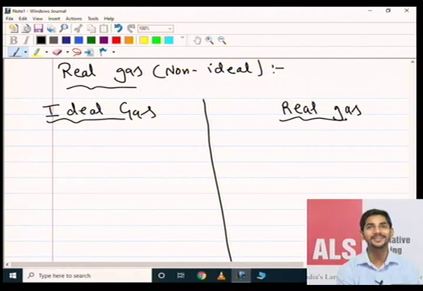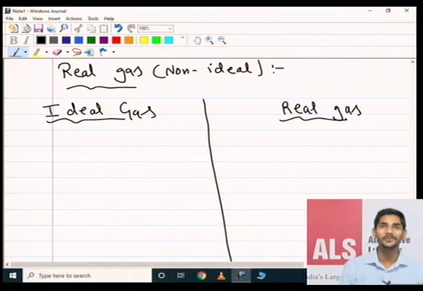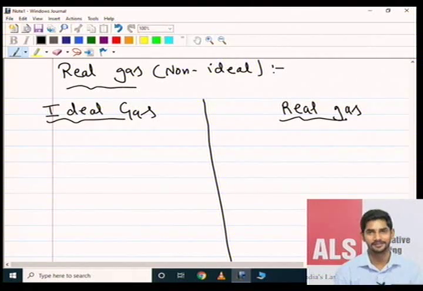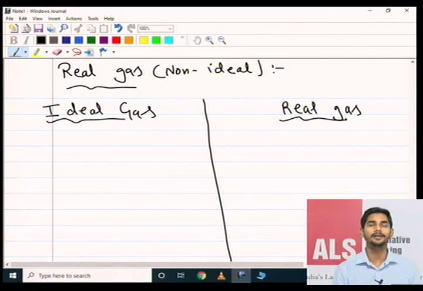Exactly. The interesting thing is, till now we do not have any ideal gas. All gases available to us are real. You have studied in class 11th that we do not have any ideal gas, because the conditions for an ideal gas are quite impractical to achieve.